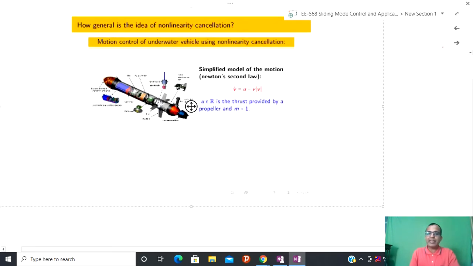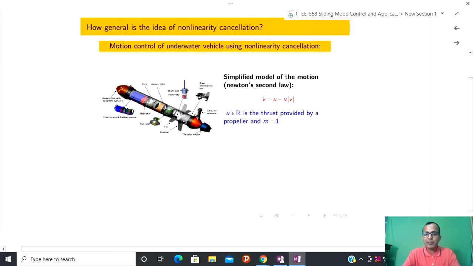If you remember, several times I have talked about this system, the underwater vehicle. If you want to move it from one point to another, I am assuming that during this moment I just want to control the velocity.